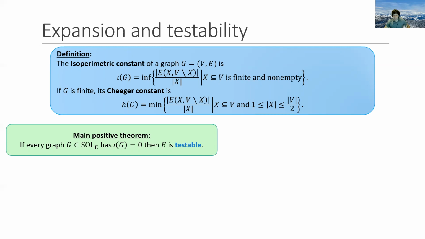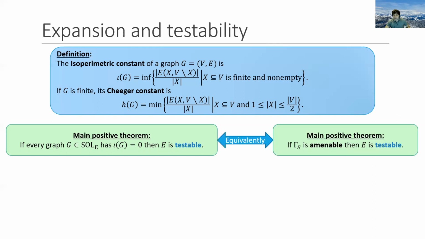Again, this trivially holds for the finite solution graphs, but not necessarily for the infinite ones. Then, in this case, E is testable. And this theorem has an equivalent formulation in group theoretic terms. If the group gamma E is amenable, then E is testable. Amenability is a very important property pertaining to the geometry of the Cayley graph of the group. Now, since many groups are known to be amenable, we can conclude the testability of many corresponding systems of relations.